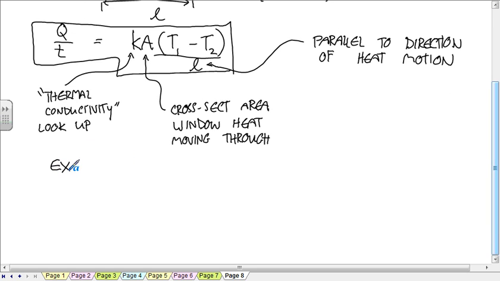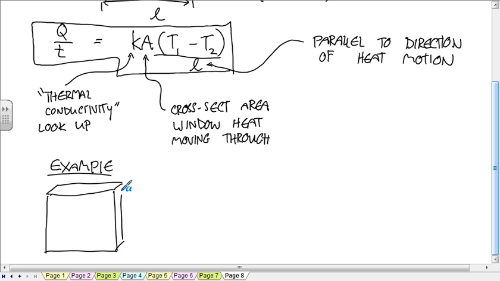So let me just do one quick example here, and we'll talk about radiation next time. Say you have a pane of glass, and let's say the thickness is 2 centimeters, so 0.02 meters.